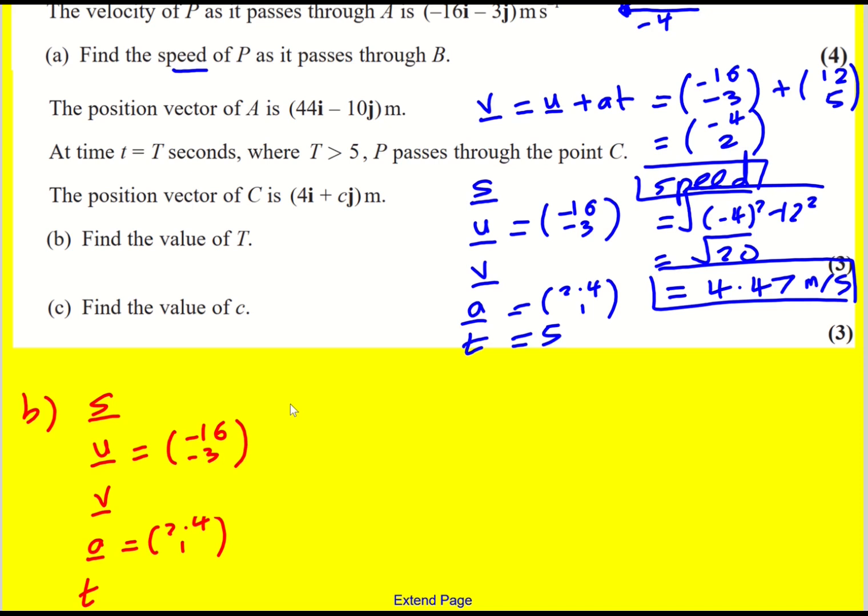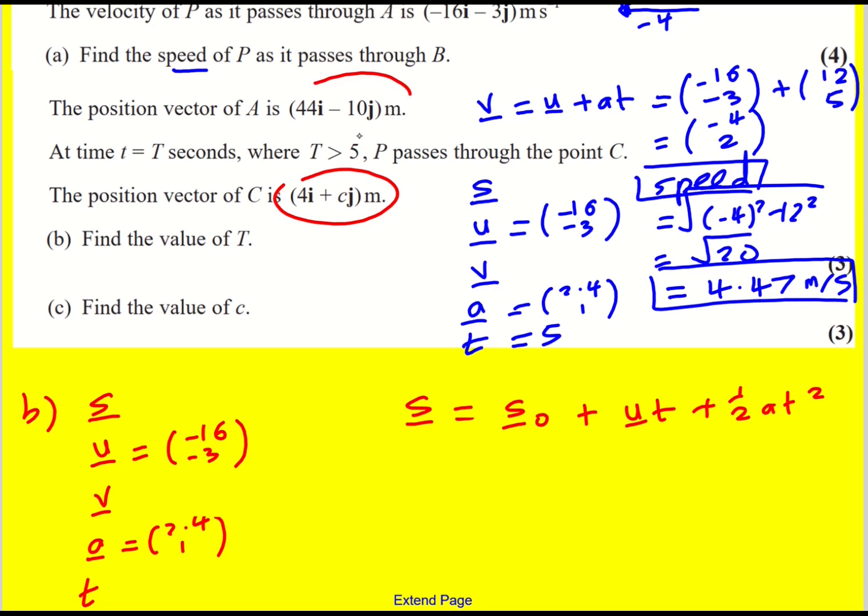Okay, and then s is going to be, well, I could write down s, but the best thing to do is write down s equals ut plus half at squared. And it's going to be the initial position vector, that's going from O to A, plus ut plus a half at squared. What I mean is I could subtract these and work out how far it's gone, but there's no real need.